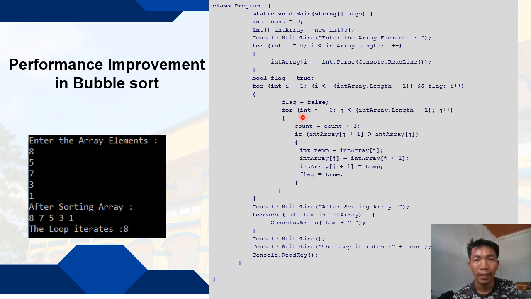Hence, it continues with the next for loop with j as a counter, and j is compared with the length of the array less than 1, and then increments by 1. Count here is used to count how many iterations we will have within the for structure.